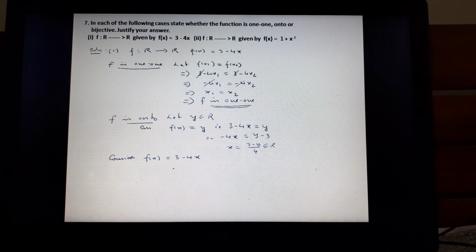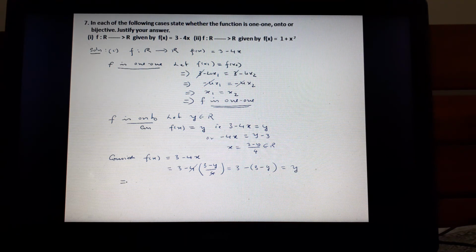But this equals 3 minus 4 times x, and what is x? x is 3 minus y divided by 4. When you cancel 4, it is 3 minus 3 minus y. So when you remove, you get y.